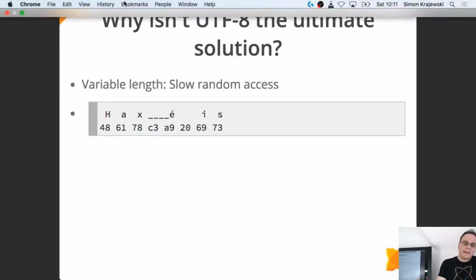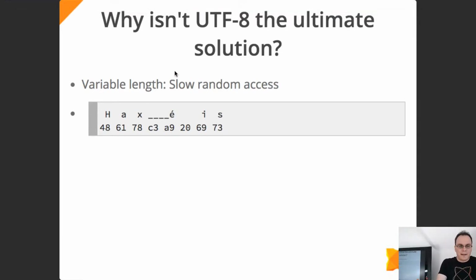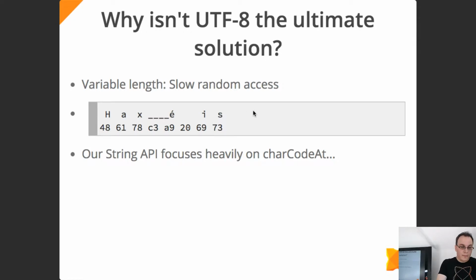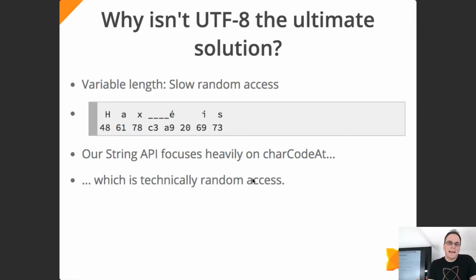So the problem now is if you want to get the 5th character, you can't just do 0, 1, 2, 4, 5. You would end up here, but you would only get this part, and that's not correct. So you cannot do that. You always have to walk every single byte and see if you have one of these guys, because otherwise you get the wrong offsets. And the problem actually is that our string API focuses heavily on charCodeAt, and that is technically random access.